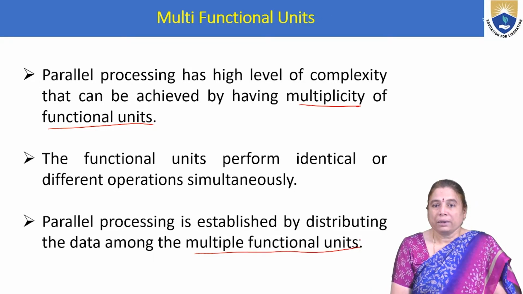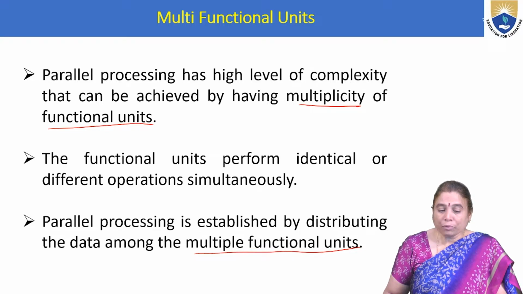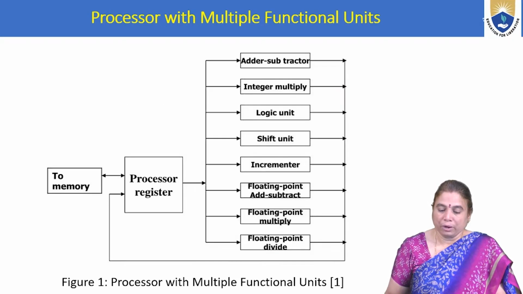The operational data can be distributed among these functional units, which results in smooth execution of the instructions simultaneously. Only if the parallel processing architecture supports multiple functional units can concurrent execution of instructions be possible.